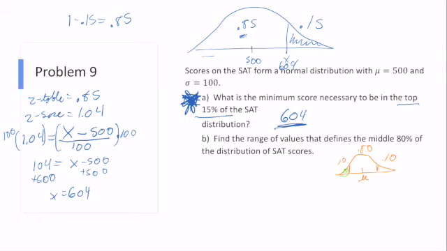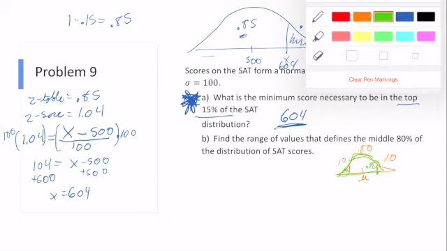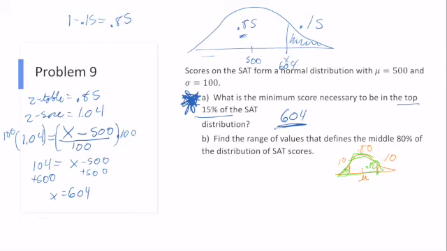And if I take 0.10 plus 0.80 over here, this whole area has an area of 0.90. Okay? So in this case, I have to work backwards twice. I have two z-table values. Z-table of 0.10 and a z-table of 0.90. Okay? And I'm going to use that.